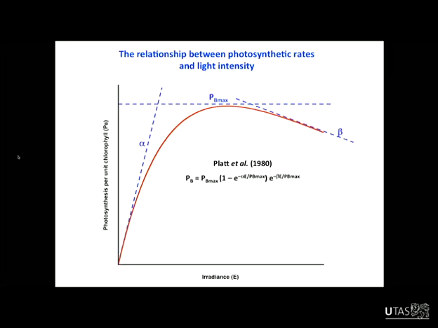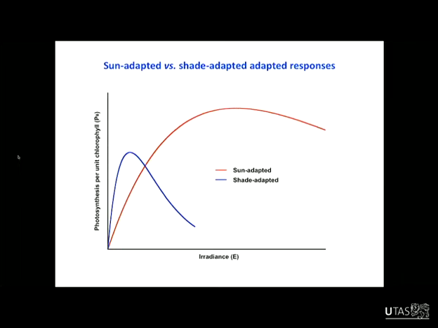So what this basically shows us is how productivity varies as a function of light, and we know that light is decreasing as we go down in the water column in the ocean. And then different species will have different shapes to this curve.